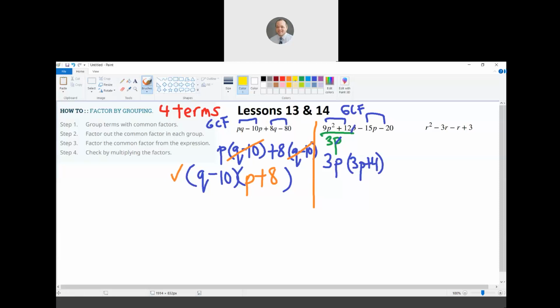Now, before we pull out the GCF among the last two terms, look at the sign of your last term. It's negative, but we need it to be positive to match the sign in our parentheses. So to change a sign, you pull out a negative GCF. So that's just -5.